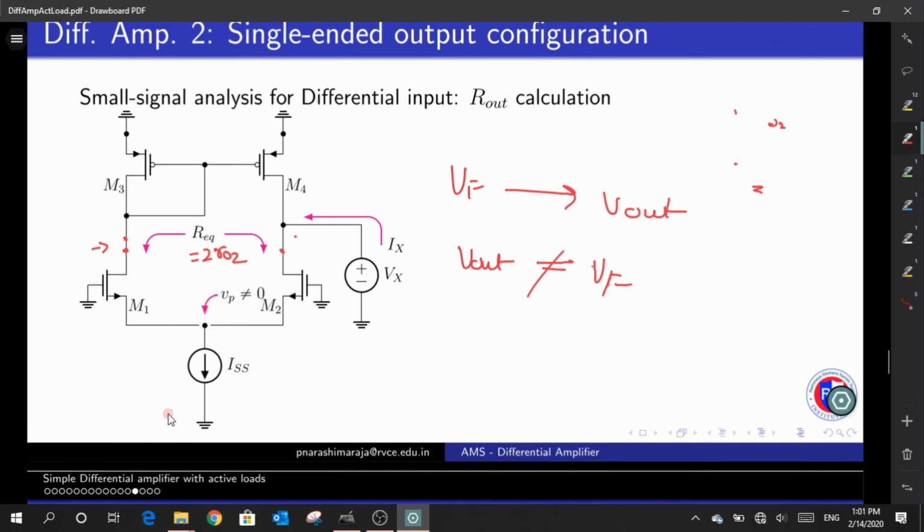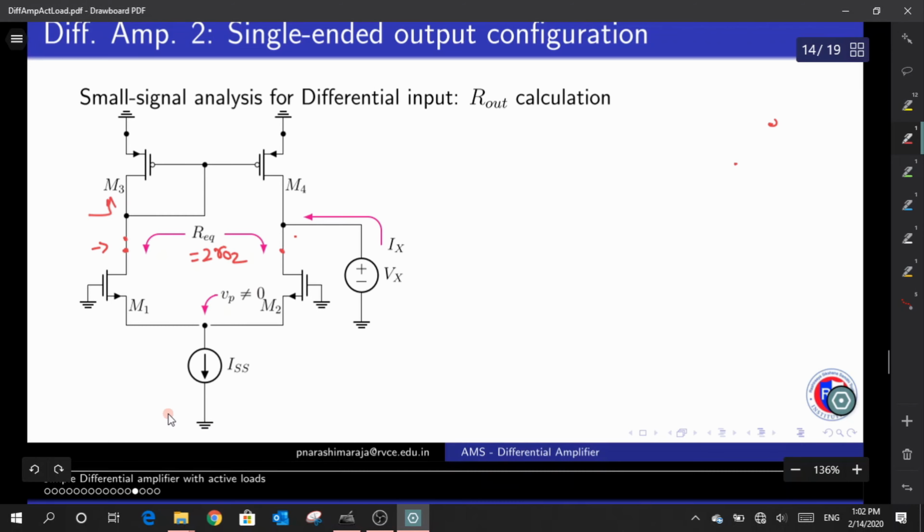What is the small signal impedance of this M3? I have a resistance whose value is 1/gm3 in parallel with RO3, and from here to here there is a resistance whose value is twice RO1,2.